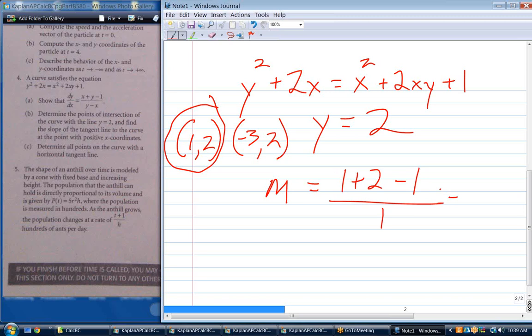So that slope is 2. And they only wanted it at the point with the positive x coordinate. They didn't want it at the other coordinate, which has a negative x coordinate. All right.